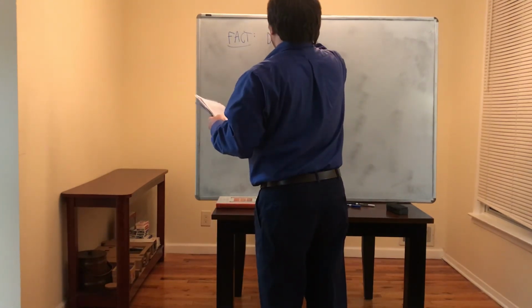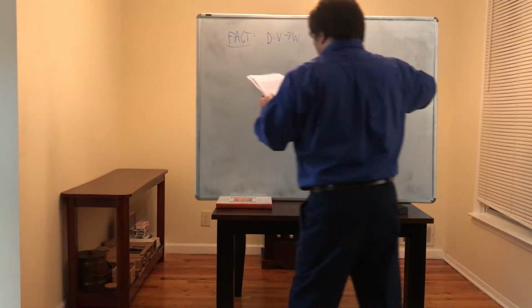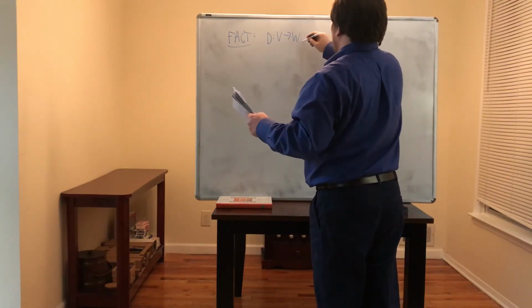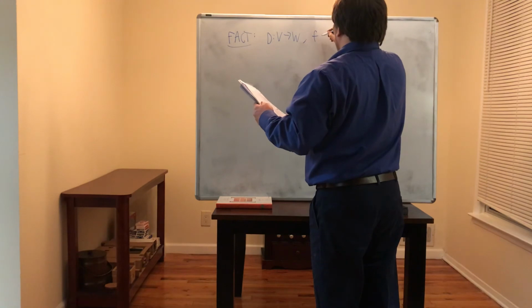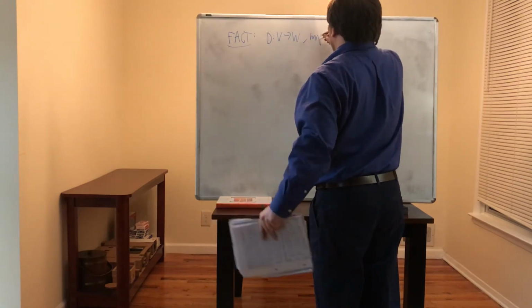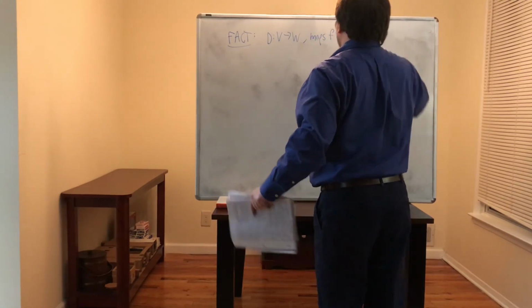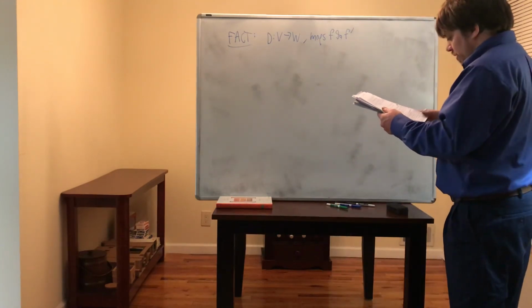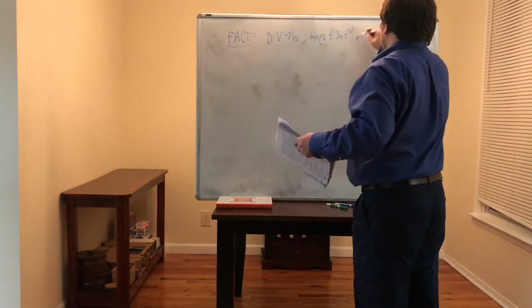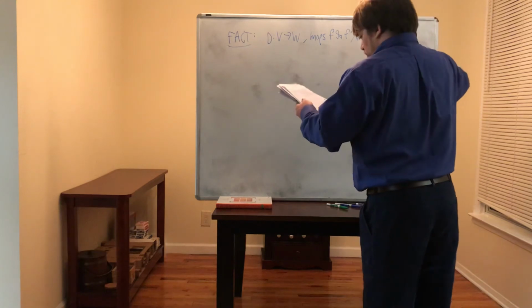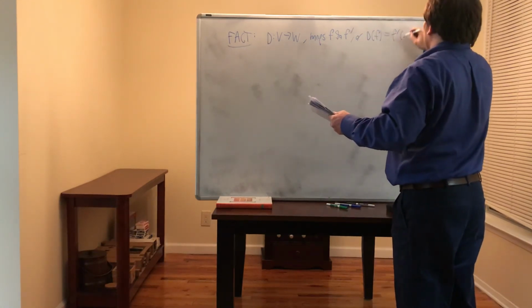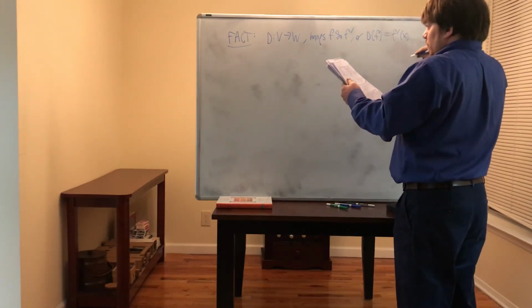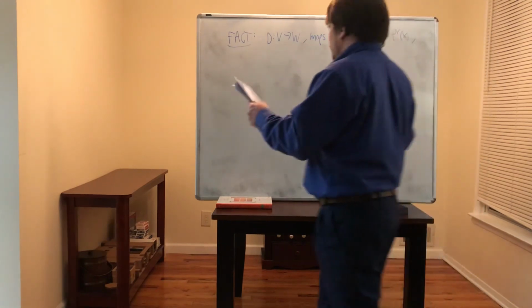So next, this fact. If D from V to W is the function that maps f to f prime, meaning it maps the function f to its derivative, or D of f is equal to f prime of x, that function is a linear transformation.